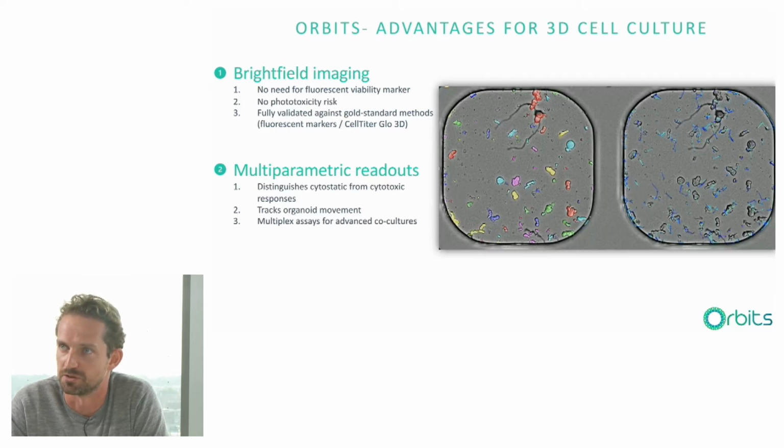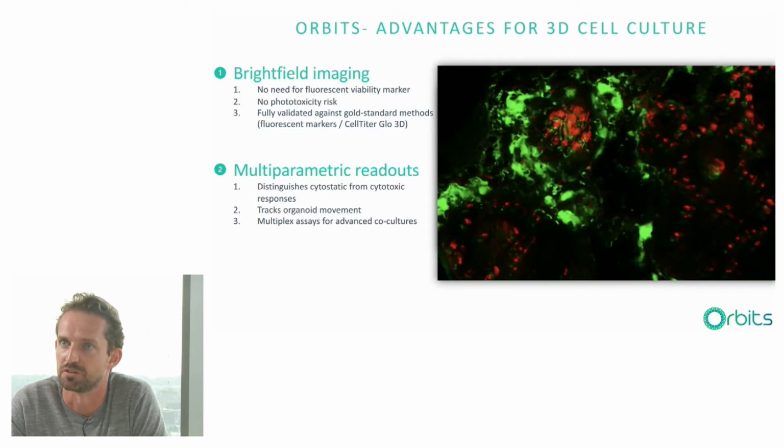When growing these organoids in these microplates, we also see that they behave differently. Some are more static, other ones move around more, look for each other, merge together. These are all parameters we can quantify and use when we study new therapies.